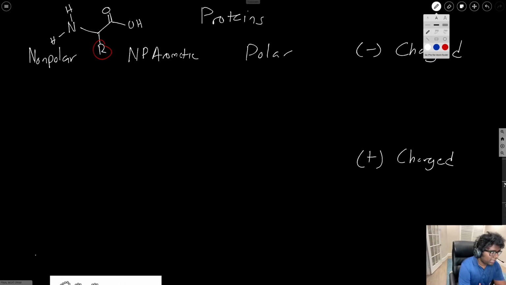These amino acids, I'll go over the acronym for it later. I'll just write them out. Let's start off with the easiest one, glycine. I'll write the amino acid skeleton, just AA. So this one is called glycine.